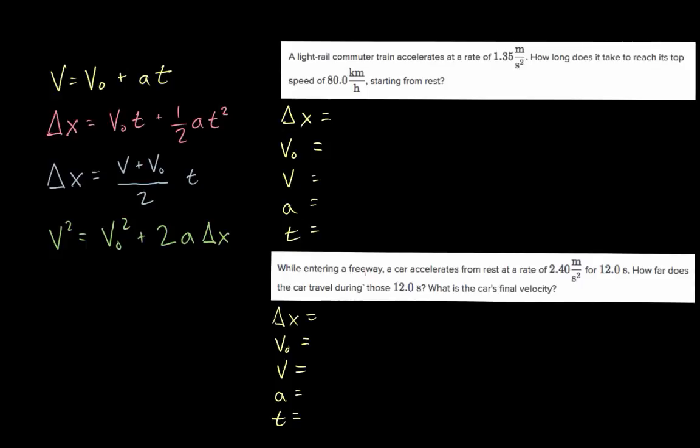So let's just start at the beginning. A light rail commuter train accelerates at a rate of 1.35 meters per second squared. So that's pretty direct. It's just telling us what the acceleration is. So let's write that down. The acceleration is 1.35 meters per second squared.